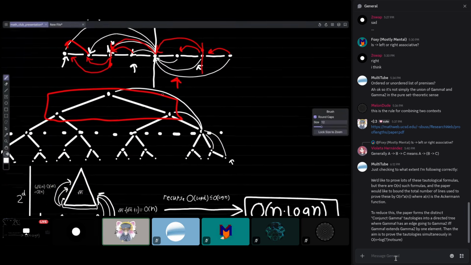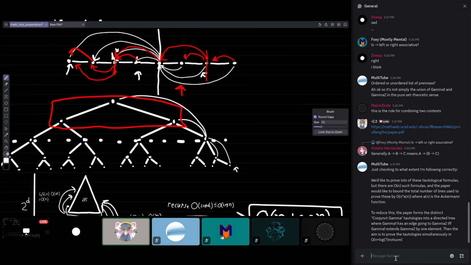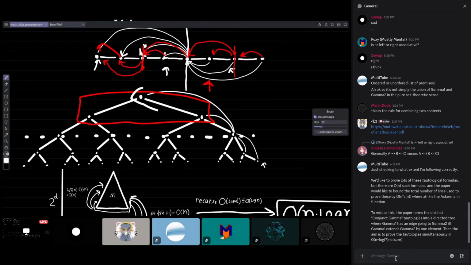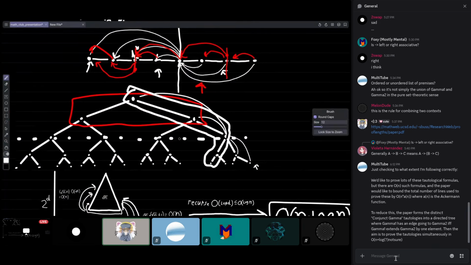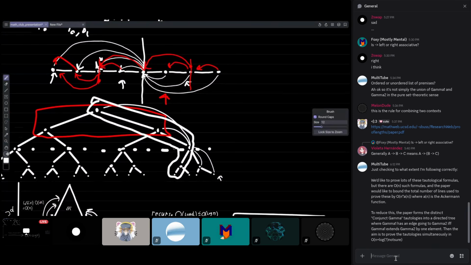What's interesting is if you're going to do a proof checker, you don't actually care about the whole tree at once. You only care about one path that you traverse down. So, for example, this one. You can do this cool memoization trick where you only store the edges that involve these, the parent.